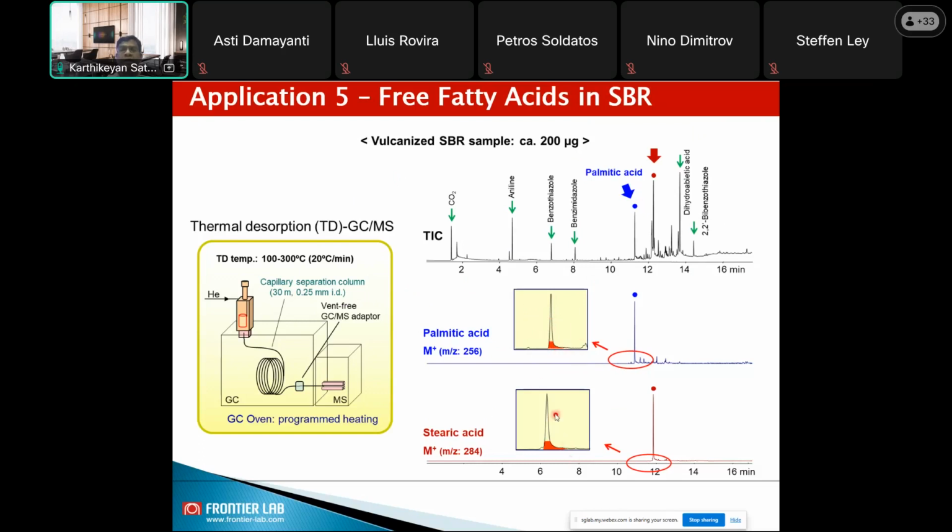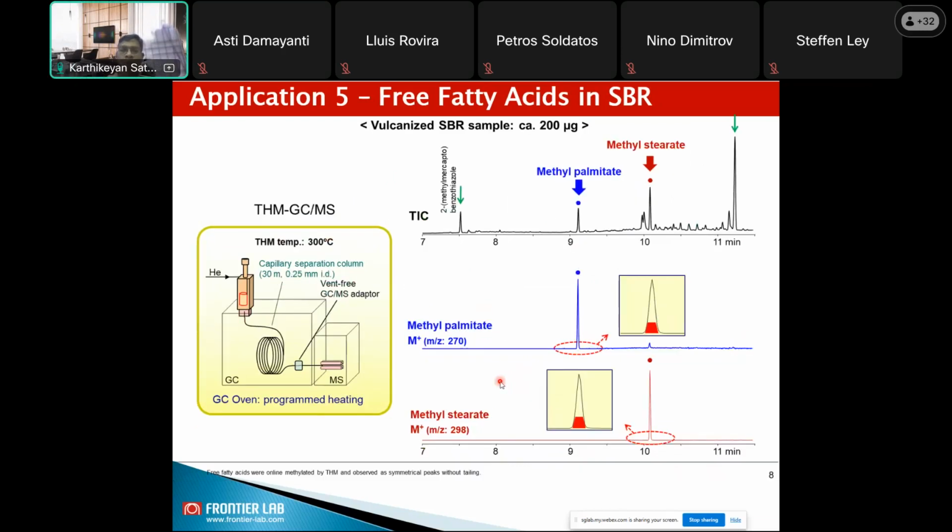That means when you do the integration of such peaks, your reproducibility will be rather poor. Particularly when you are analyzing certain rubber compounds where precision is very important for the additive composition, one has to think of a better precision method, and this is what reactive pyrolysis basically offers.